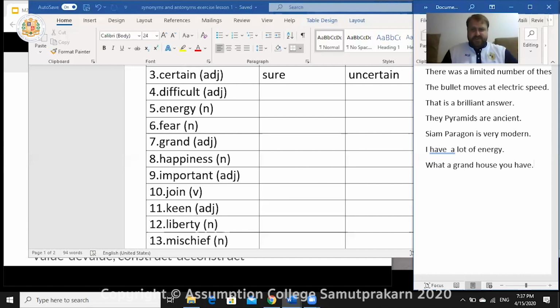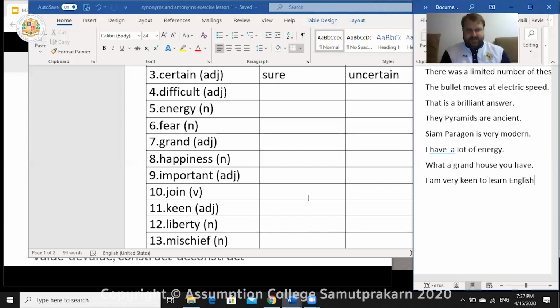The verb to join. To join something. When you're building, to join something. Keen, an adjective. I am very keen to learn English. Means you really want to do it. You're very keen. You really want to.